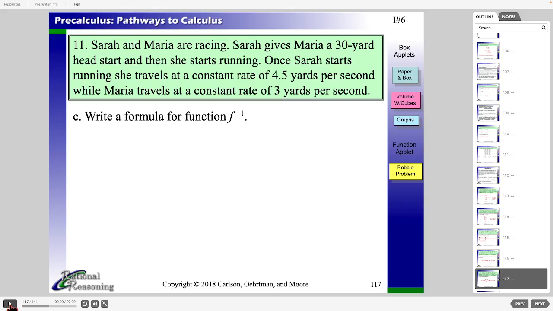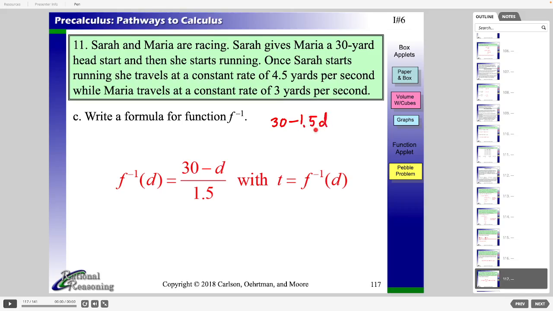So what would be the inverse function? Well, it would be 30 minus 1.5 t equals d. We solve for t, so subtract 30. That's the part there.